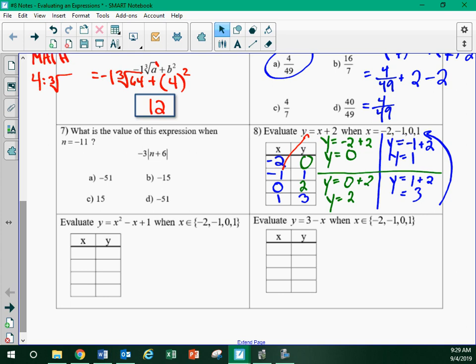Very good. Multiplication, good. So that's -3 times 5. Got your answer. Oh, we didn't do that one either, so come on, let's do it.